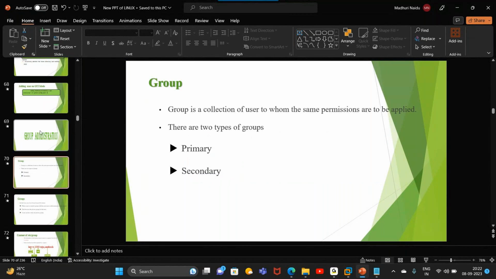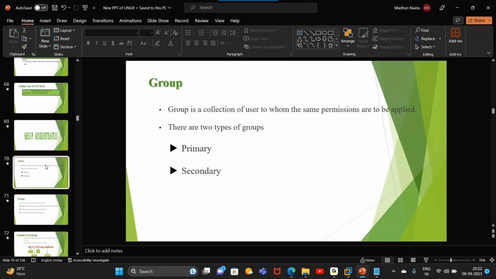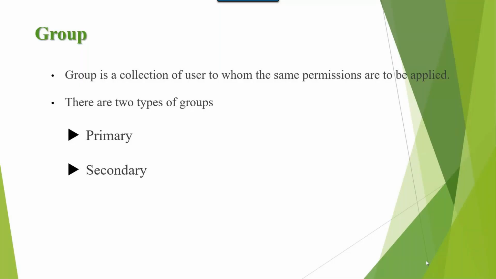Topic is group administration. There are two types of groups, primary group and secondary group. Primary group means group which comes along with user. That group is called primary group. Secondary group means group which is created by super user. That is called secondary group.